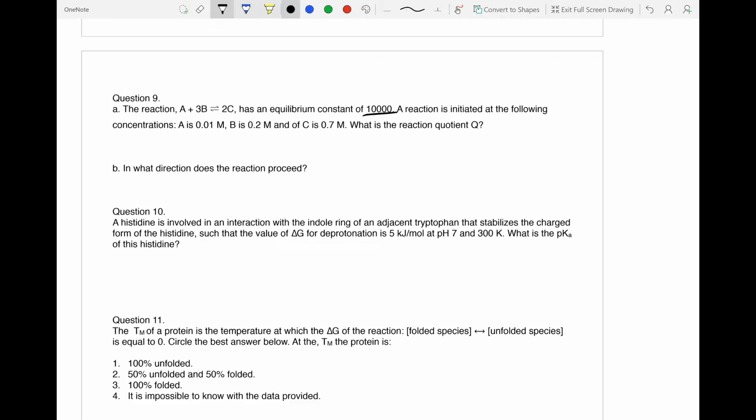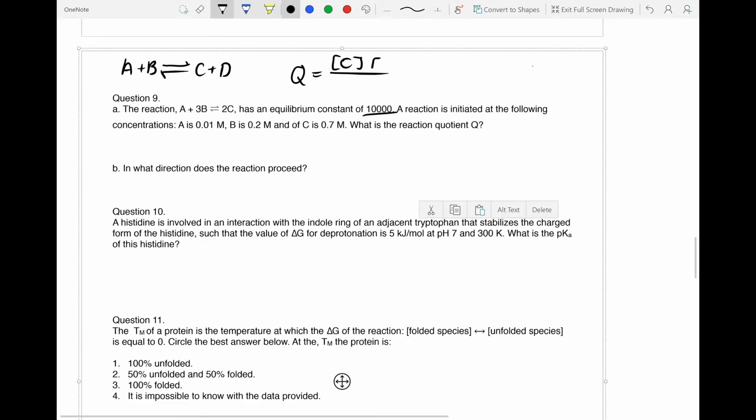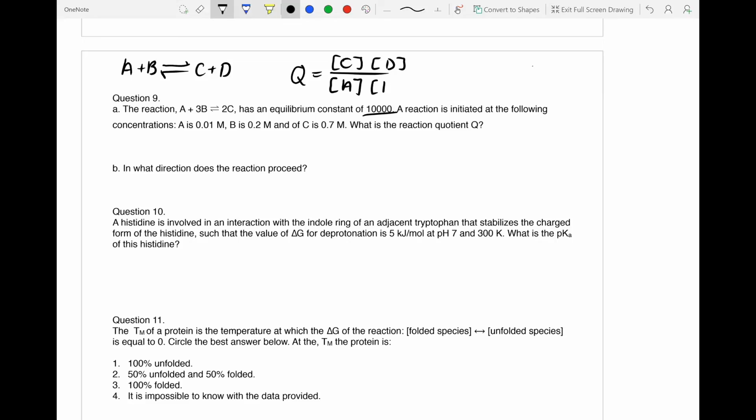A reaction is initiated at the following concentrations, and we're asked to compute Q. So one thing about Q is that for maybe a reaction A plus B goes to C and D, we're going to have the concentration of the products, and then the concentration of the reactants.